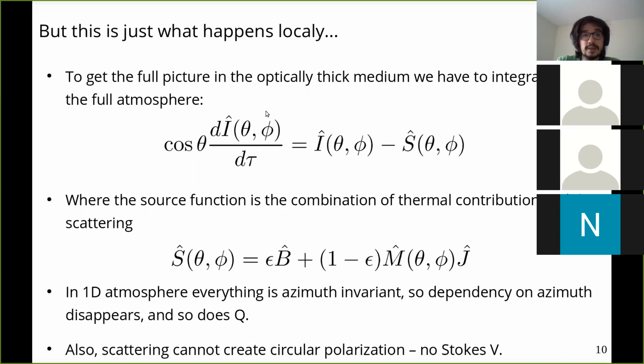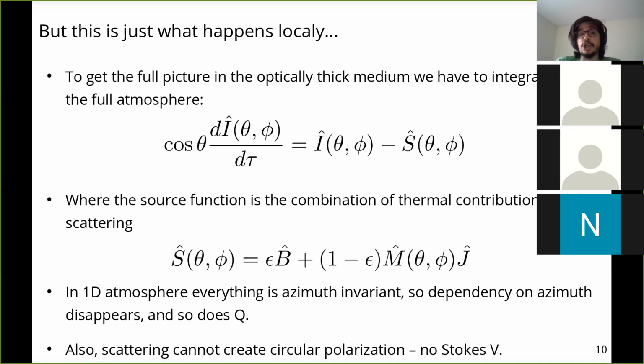Where all my quantities here, intensities and the source functions, have 3 components each, I, Q, and U component. Okay. In principle, we could also do V, but V would always be 0 because, again, V cannot be created in scattering processes, right?